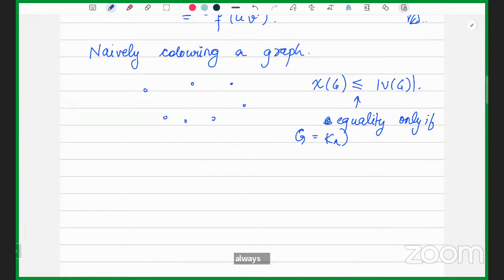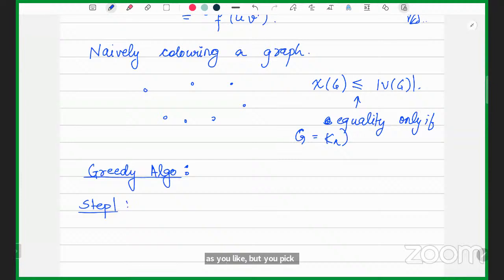Any better approach available? Yes. And that's where the greedy algorithm comes into the picture. So you don't start painting the vertices as you like, but you paint them wisely. And this tells you what you do: first of all, order your vertices.